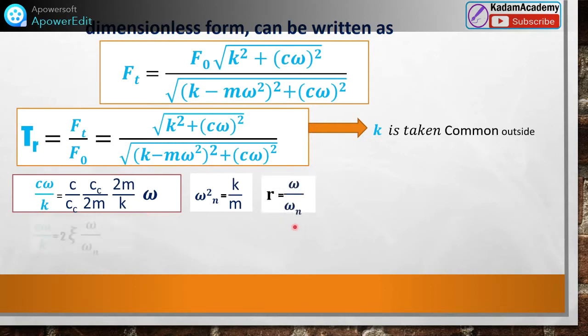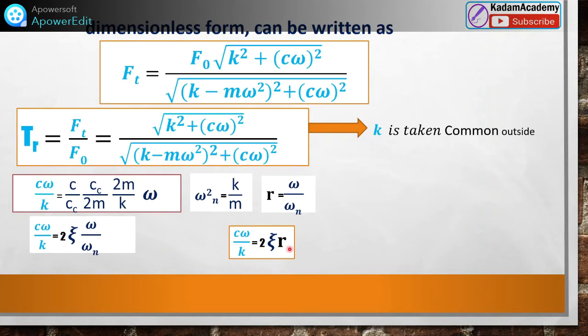Here, by using the relationship omega n square is equal to k by m, and r is equal to omega by omega n, we converted this term C omega by k into 2 zeta omega by omega n. With this simple relation, omega by omega n is equal to r. So lastly, C omega by k is 2 zeta r. Here, this term is converted into zeta and r form.